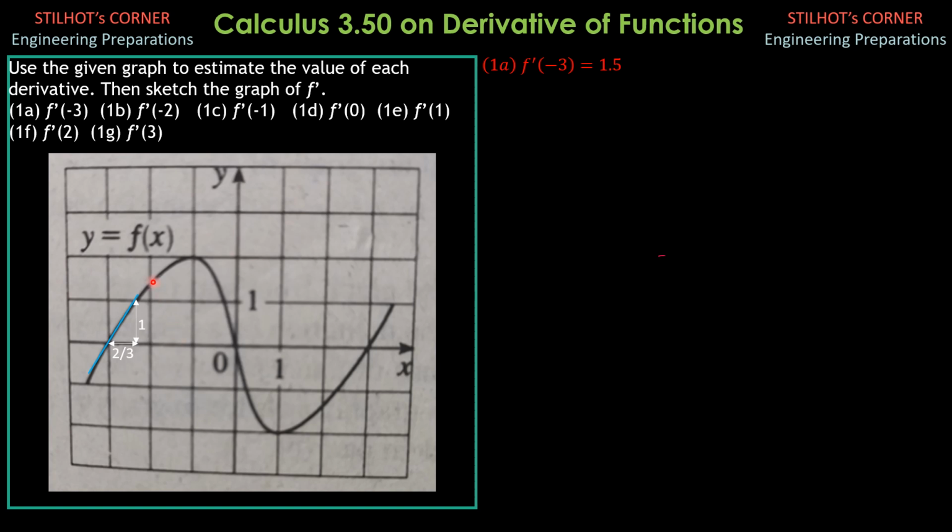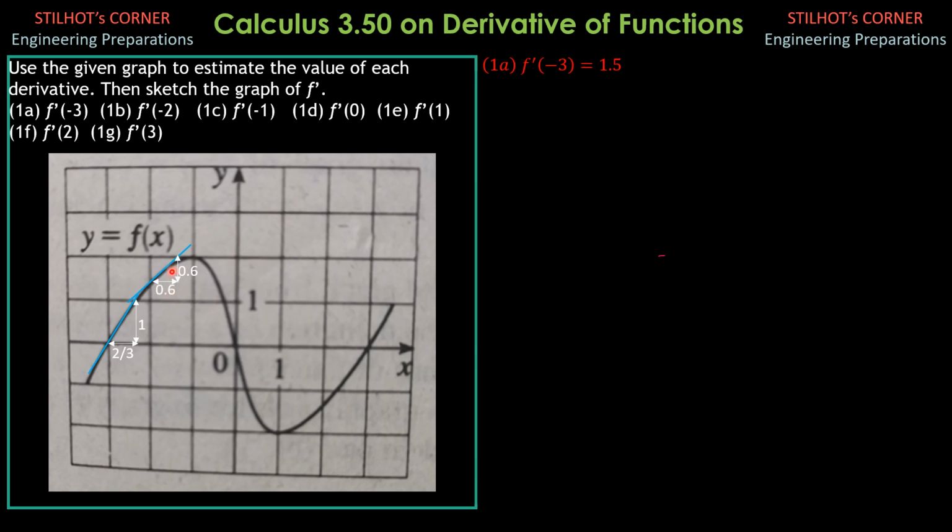Then at -2, it is still positive as shown. This is about 0.6, and also this one is about 0.6. Do you agree with the estimate?